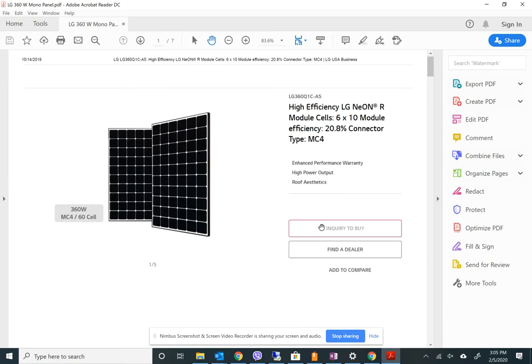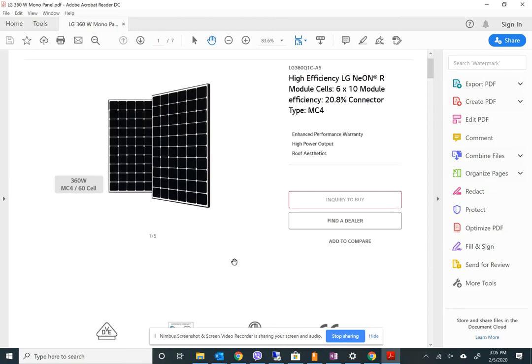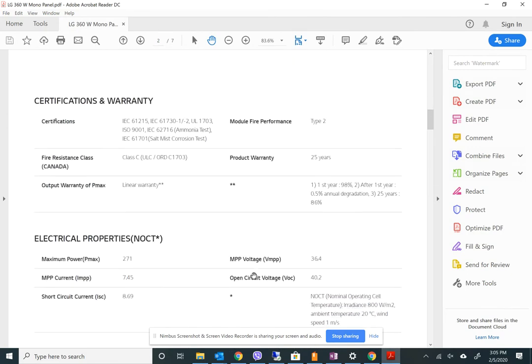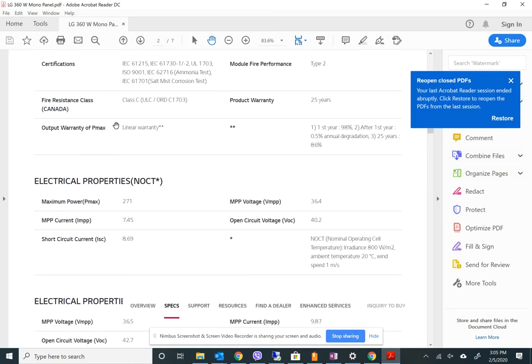I've had so many computer problems today. Okay, so I'm gonna scroll down here. We're gonna take a look at some of these parameters, and I'm just gonna do this first problem.